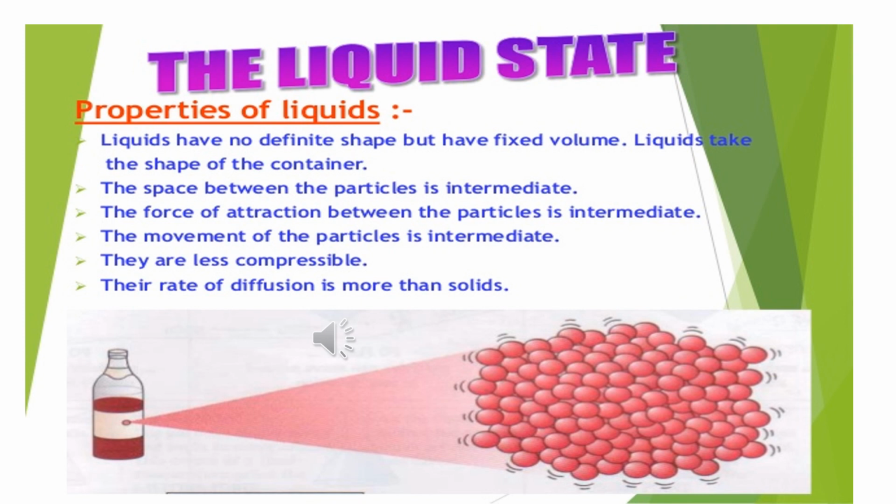This means that for liquid, the volume will remain the same, but it will change the shape and take the shape of the container in which we have poured it.